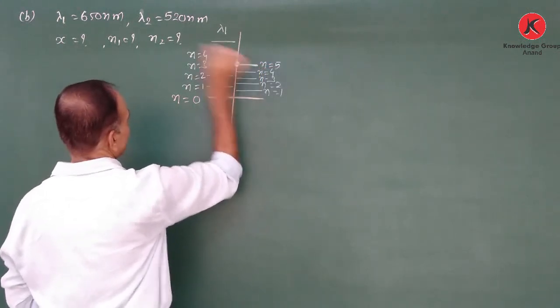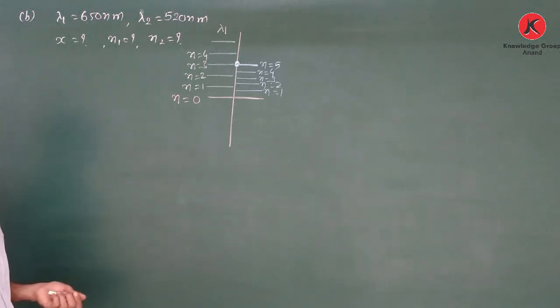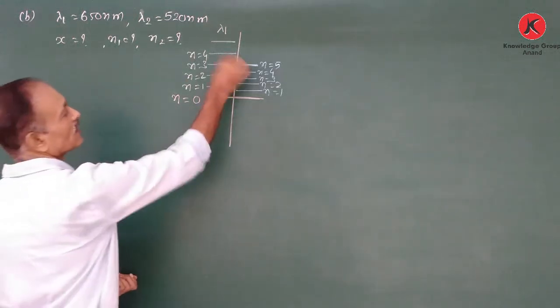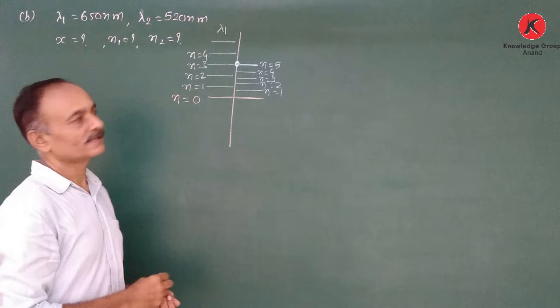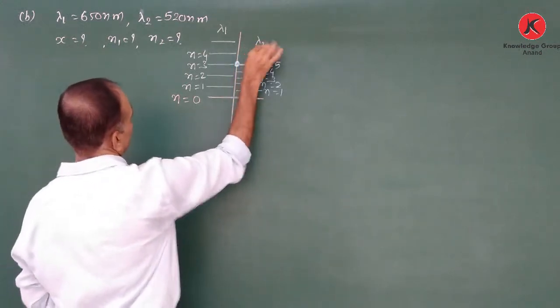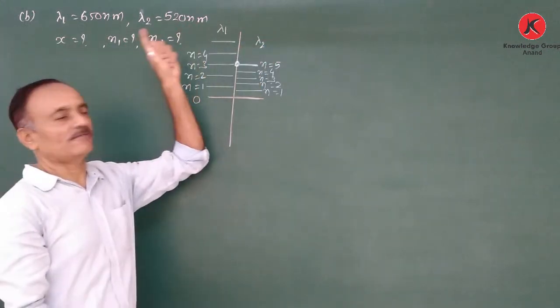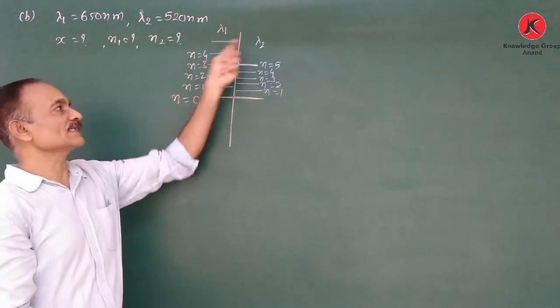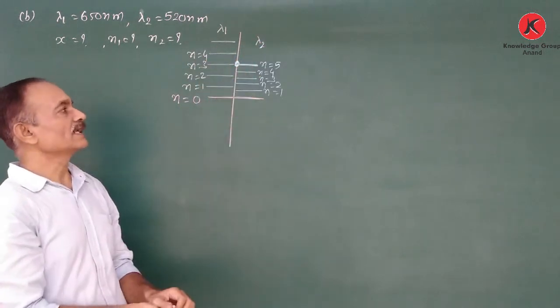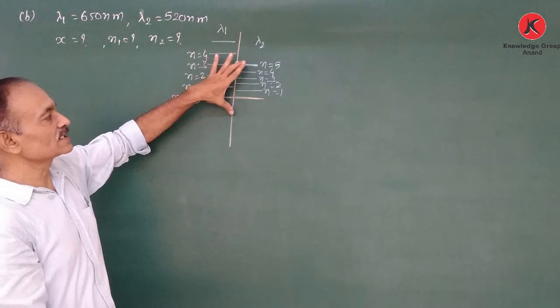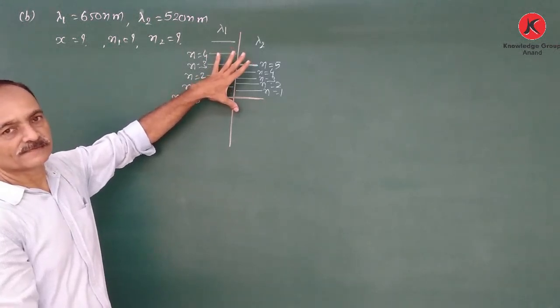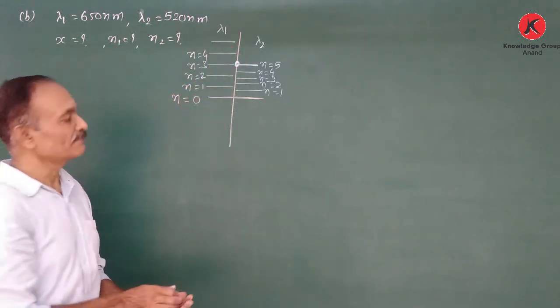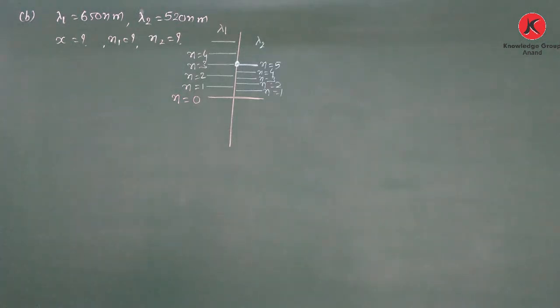Suppose at this point both bright fringes are formed. Instead of lambda 1 wavelength of light, we replace the light with wavelength lambda 2. At that time, the bright fringes are obtained on the screen in this manner.